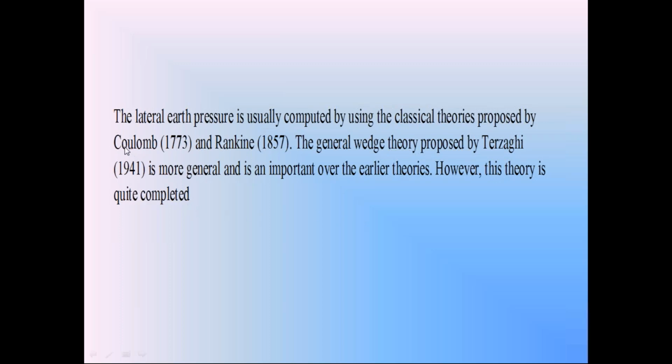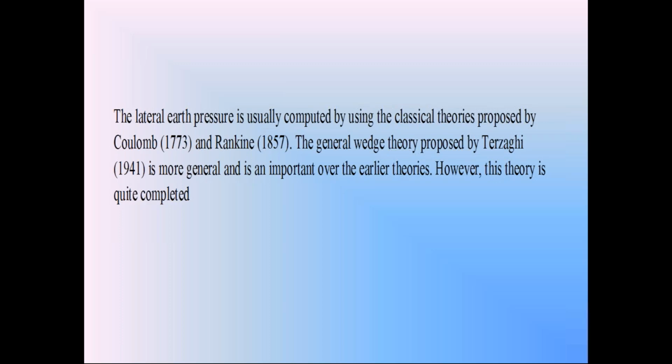The first theory was proposed by Coulomb in the year 1773. You can apply this Coulomb theory both for cohesionless soils and also cohesive soils. For those two types of soils, you can apply the Coulomb theory. We will discuss that in the further classes.